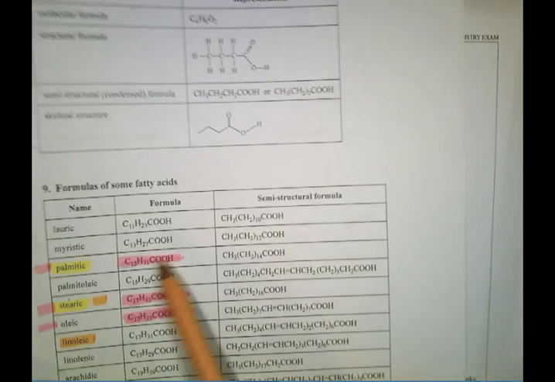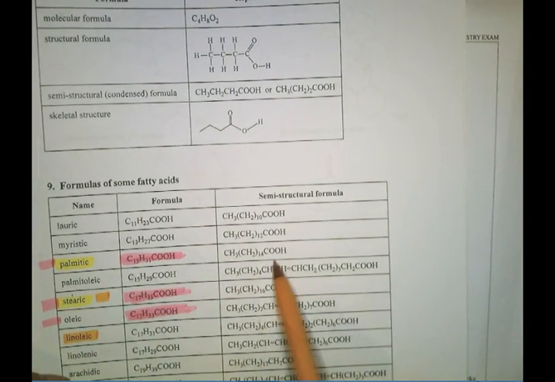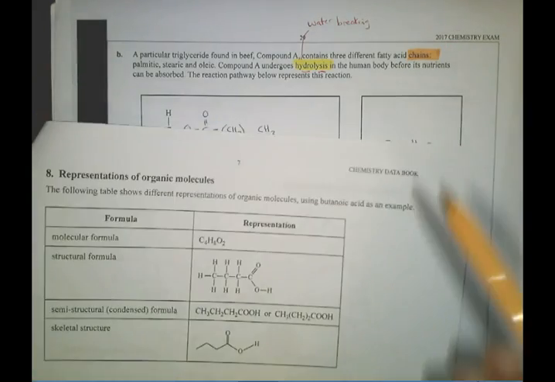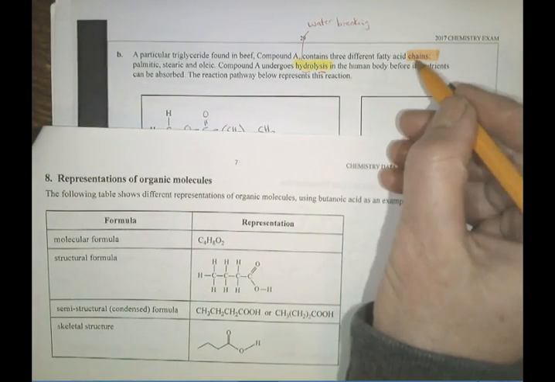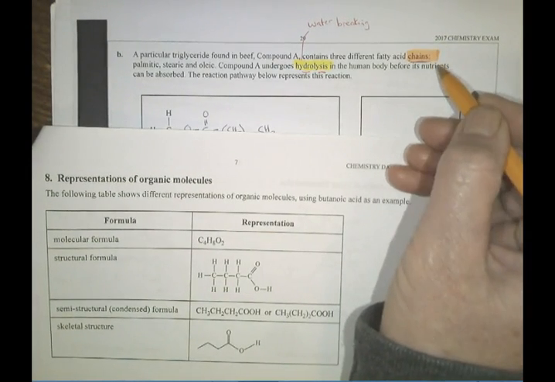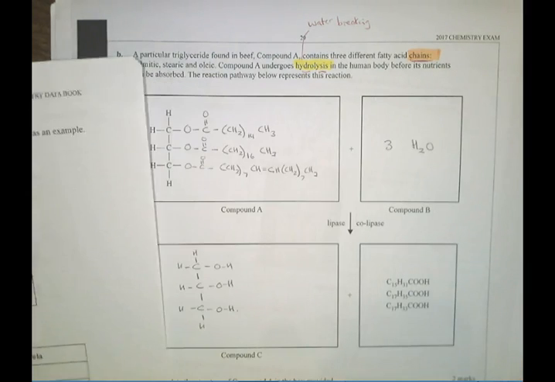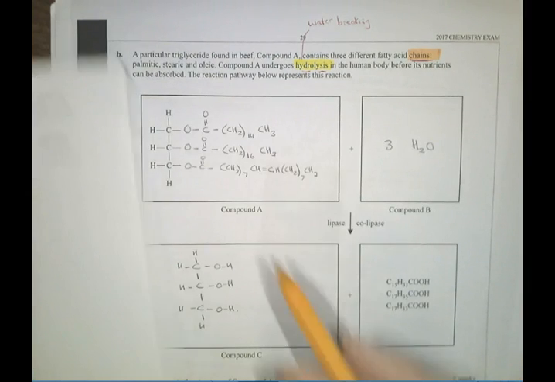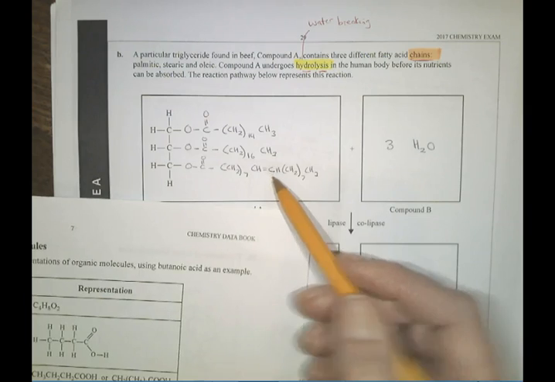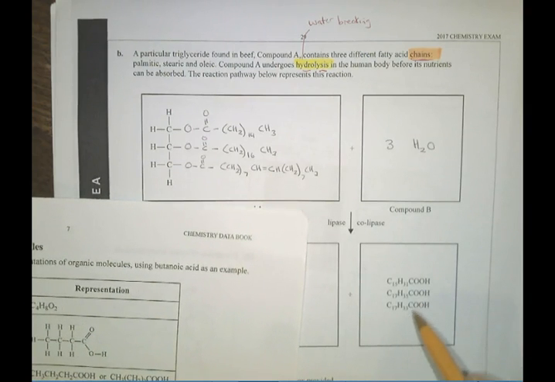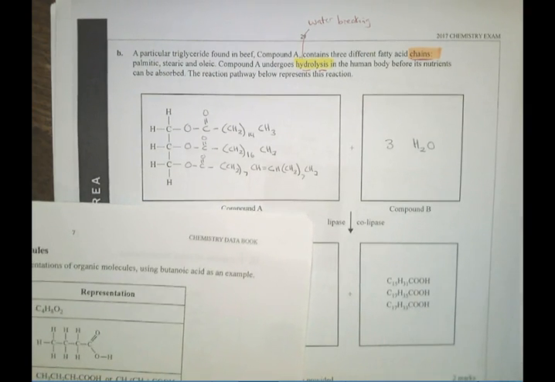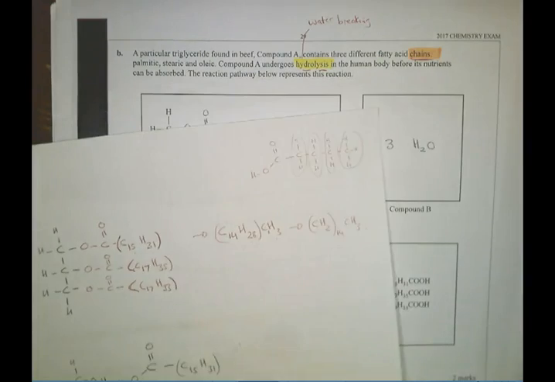However, the answer expects these. So I think what they're saying is that they want the chains. It's a little bit unclear whether you have to do the answer like this or whether you can do just these. Either way, you need to be doing it correctly.